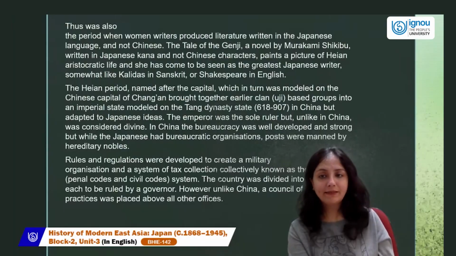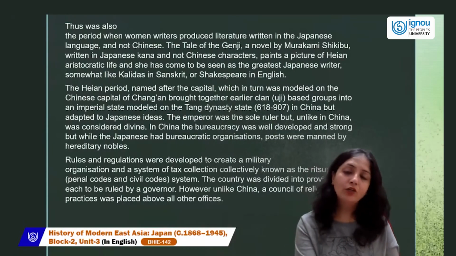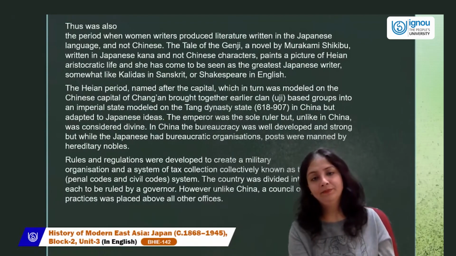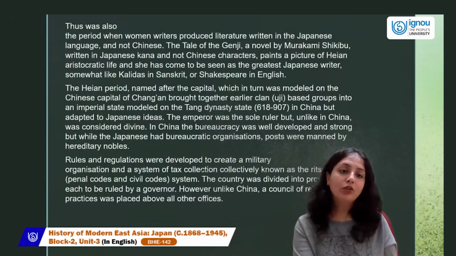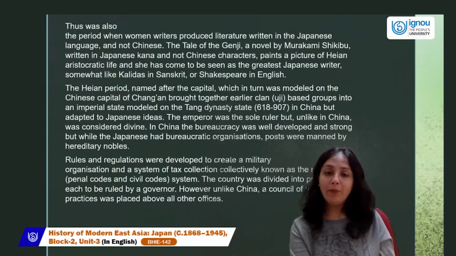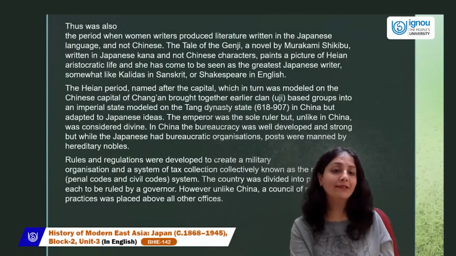The Tang dynasty, 618 to 907, ran in China but was adapted to Japanese ideas. The emperor was the sole ruler, but unlike in China, was considered divine.